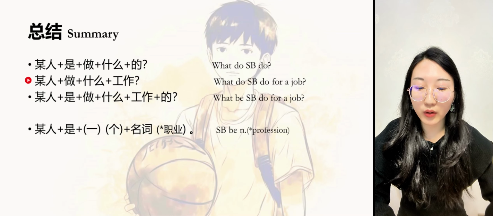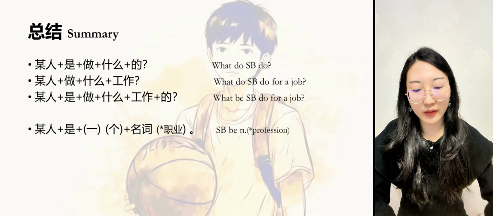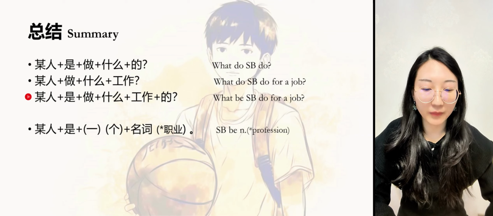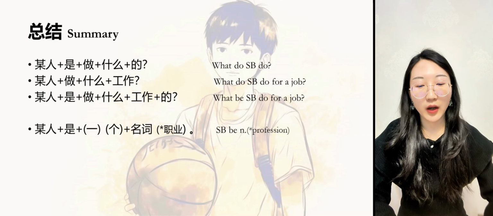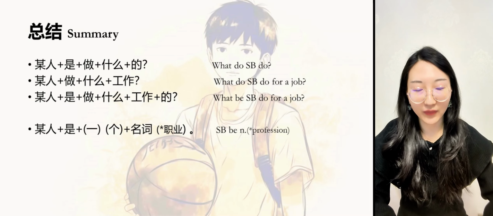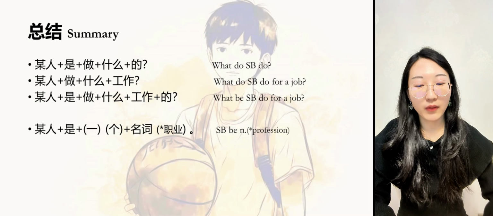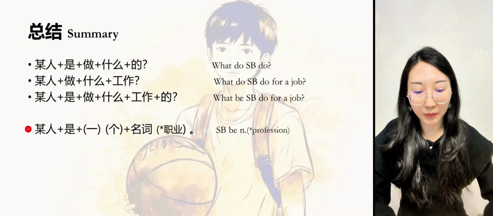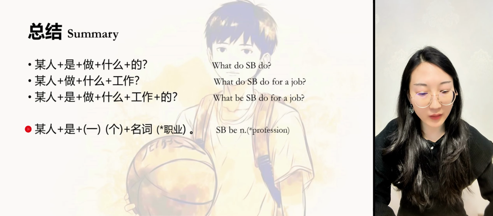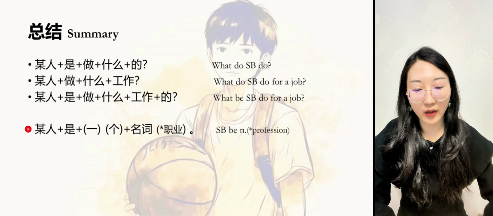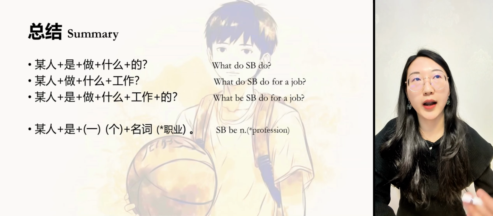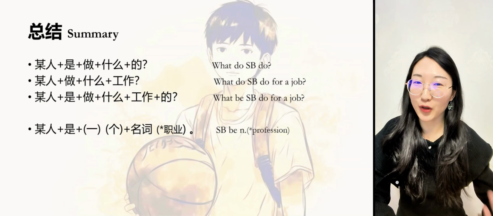Together it's 某人做什么工作。And the third is the combination of these 2 sentences. 某人是做什么工作的？These 3 sentences are all to ask people's job, and you can use whichever you like. But as for the answer, it's the same. 某人 somebody 是 be verb 一个 number and classifier, you can use them or not. 名词职业 noun a profession. Together it's 某人是一个职业。So for example, let's say we want to ask, what do you do? What's your job? And I am a Chinese teacher.